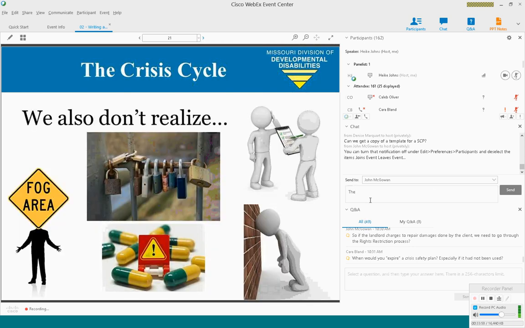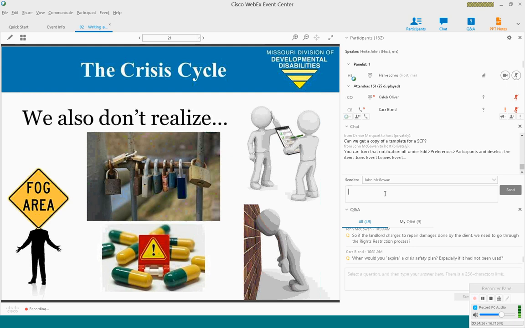What we a lot of times don't realize is that the individuals that we support have these same sorts of everyday issues that come up that put them in a situation to have a bad day, just like any other human being. We also don't realize that a lot of these are long-standing issues that contribute to recurring episodes of crisis, or the so-called crisis cycle.